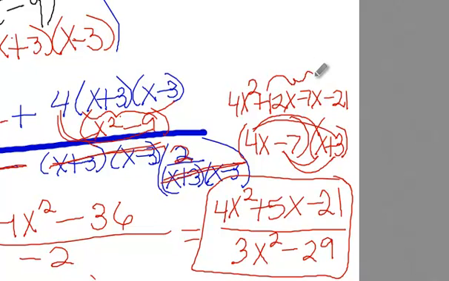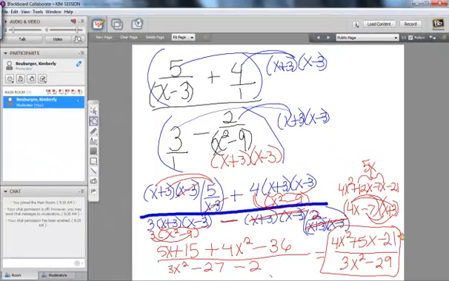The middle terms here will combine into the 5x, which gives us the same thing that we have in the numerator right here. So even though this looks different, it is actually the same solution that we got in the method 1 video.